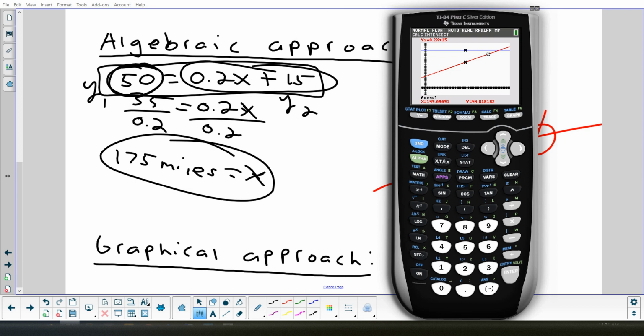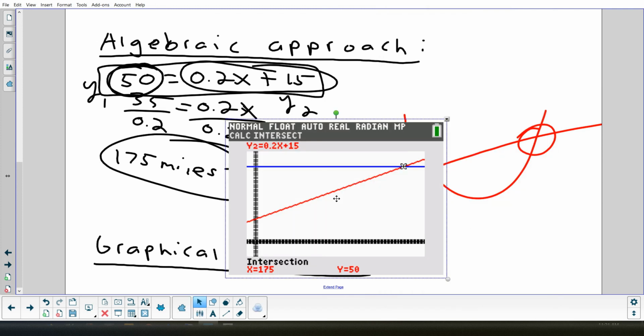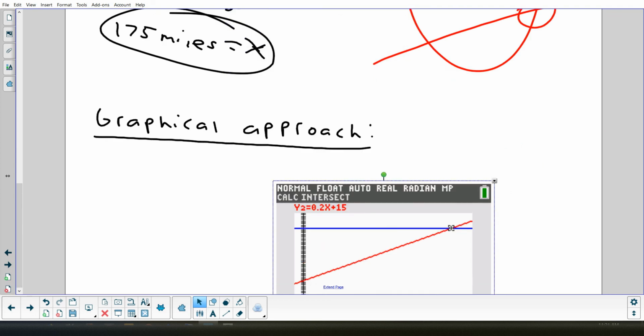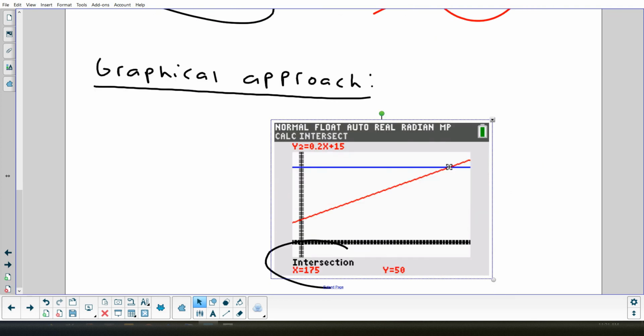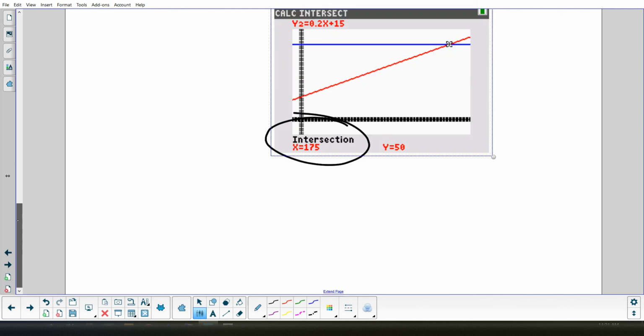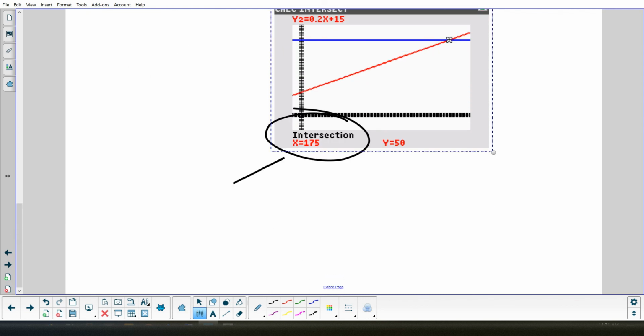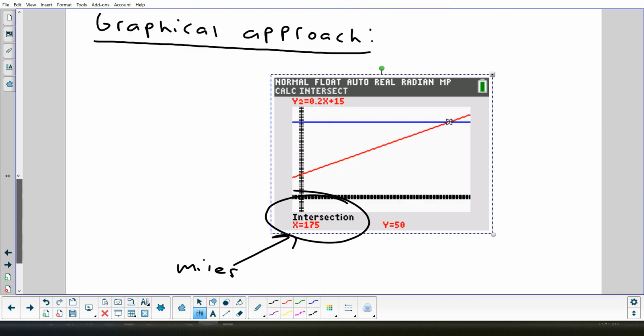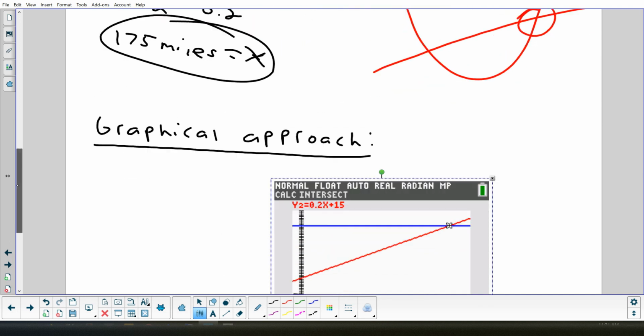So you can just hit enter, and it tells me x is 175 and y is 50. Let's put that there. Oh yeah, I do all kinds of technology stuff. So that's in miles. 175 miles.